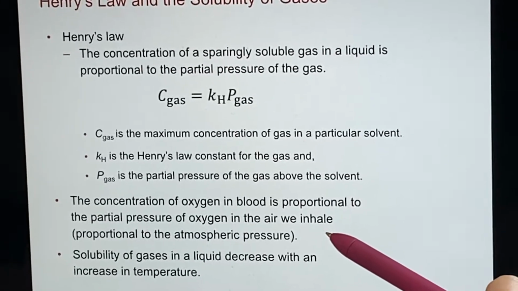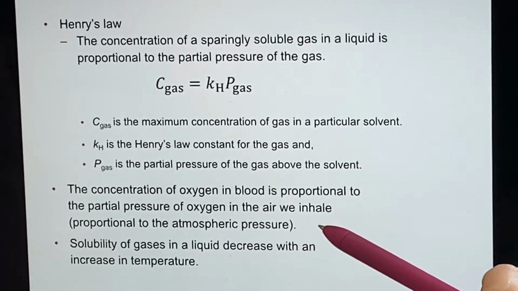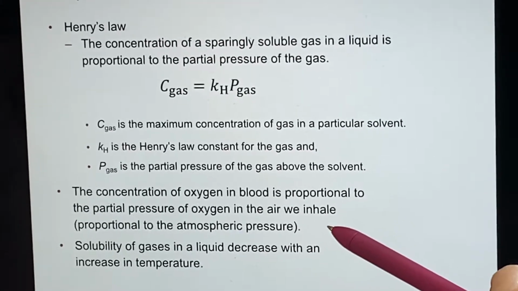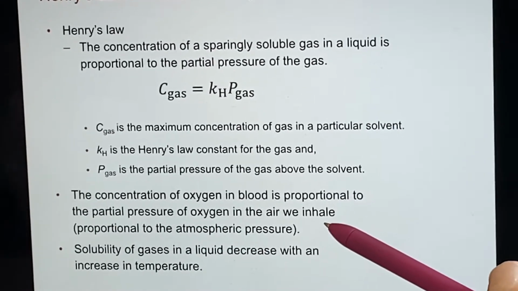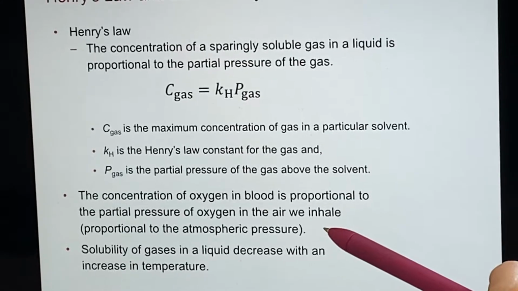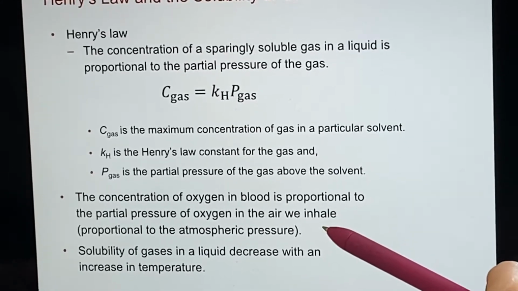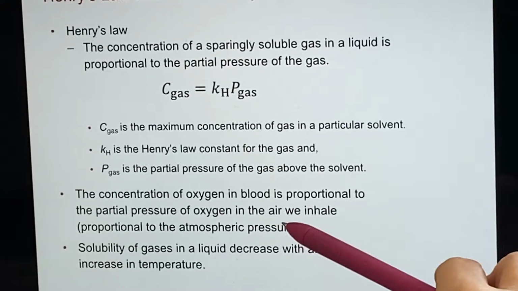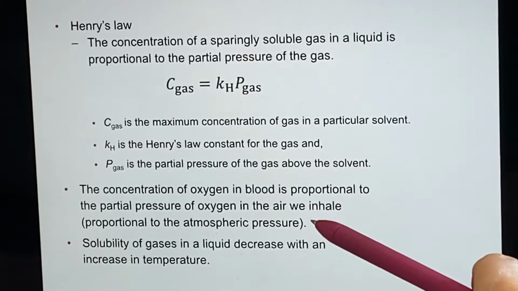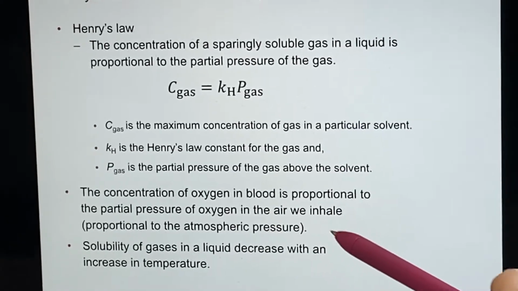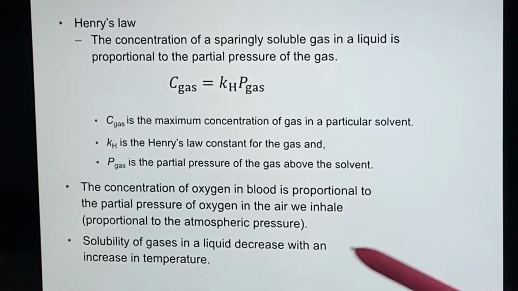So even though there's still approximately 25% oxygen, it's 25% of a much lower pressure, and so the partial pressure is consequently lower as well, and your blood is not getting sufficient oxygen to operate all of your organs properly. So this is why mountain climbing can be particularly hard.